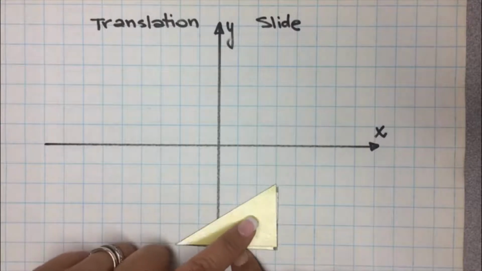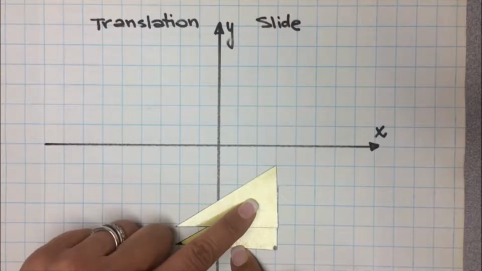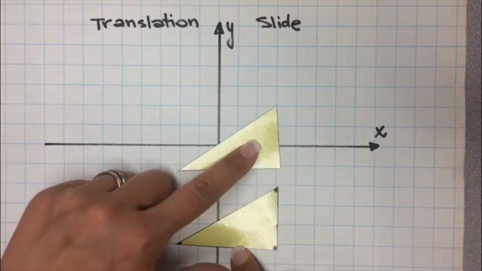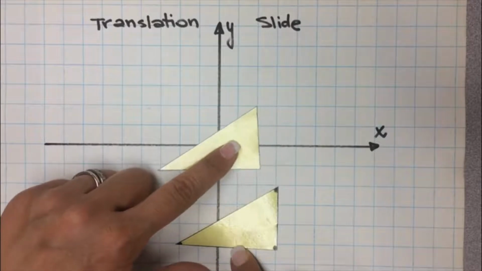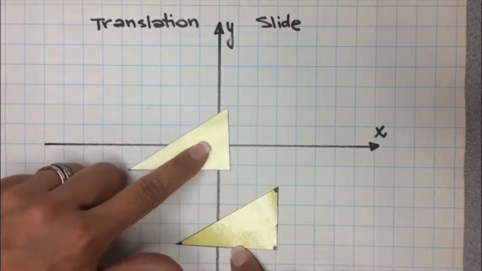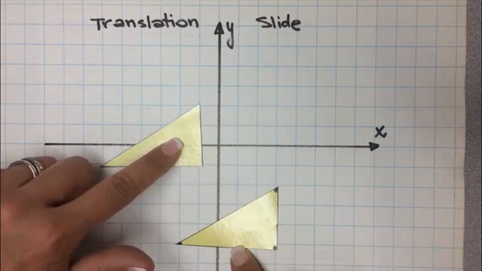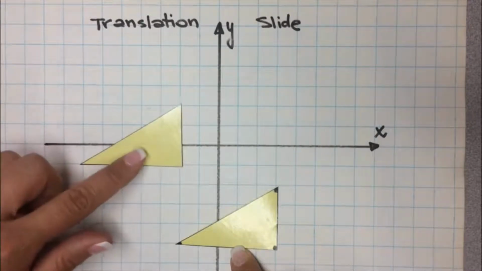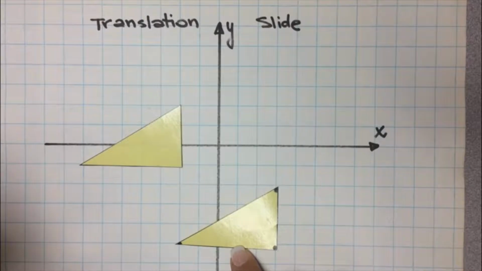That means that I need to go up, straight up, 4, 1, 2, 3, 4, and then to the left, 1, 2, 3, 4, 5. Our problem will tell us what direction to translate the figure and how many units.